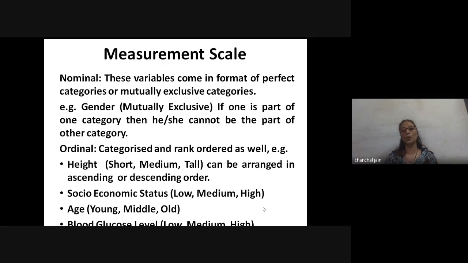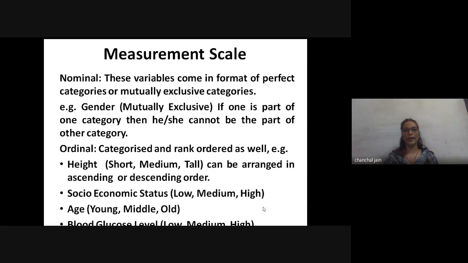First one is the nominal scale. Nominal scale generally gives us categories, and those categories are mutually exclusive in nature. We can understand this by an example. Suppose there is a variable that is gender. There can be only two categories: one is male, the second is female.